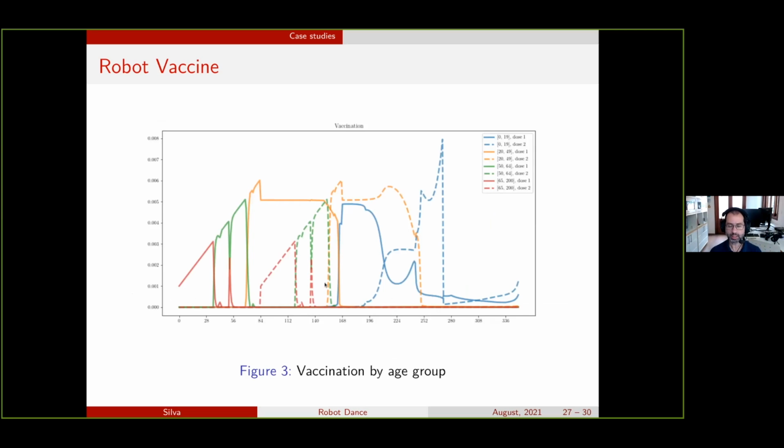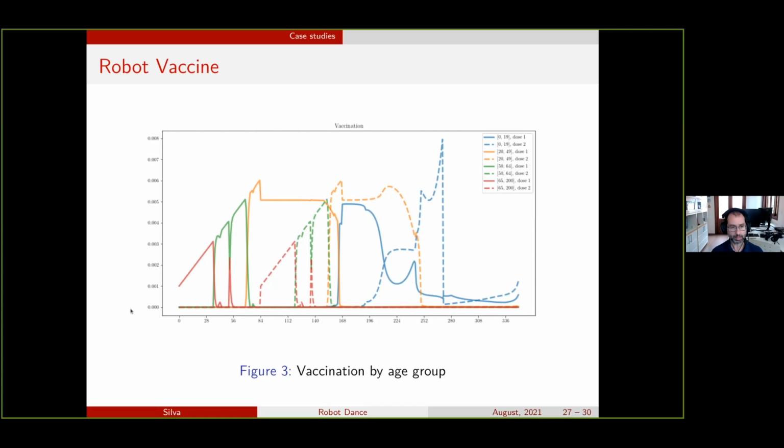Here is just an example of the output of the optimization problem, the number of vaccines. So here the red line is the number of first doses to the elderly people from 65 up. And the dotted red line is the number of second doses. And how do you know that you want to postpone the vaccine?